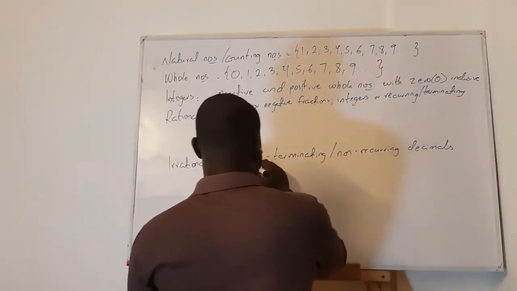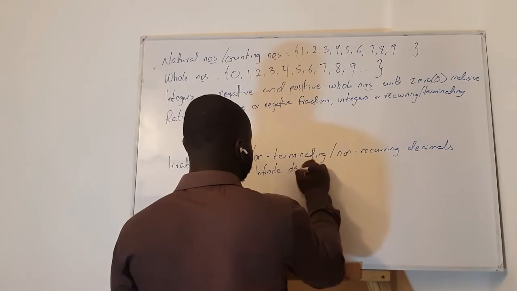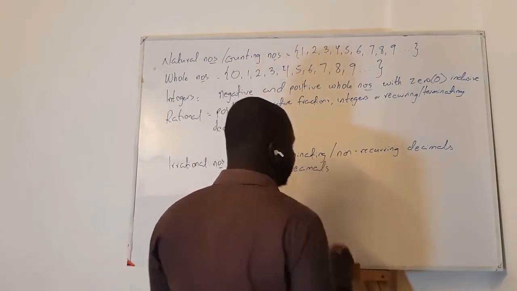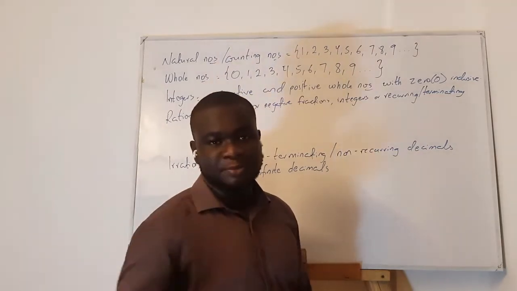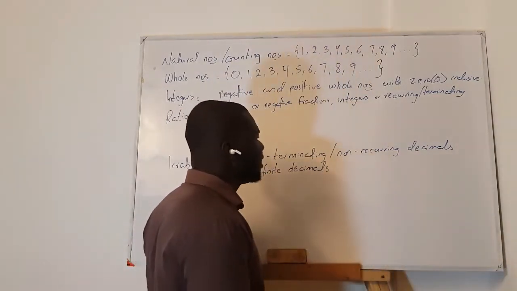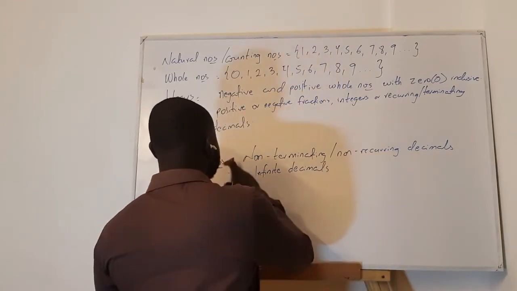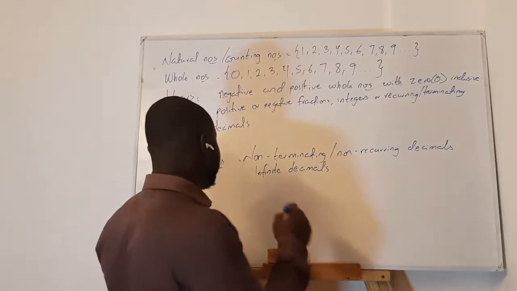Or you can say that they produce infinite decimals. That is, the figures after the point keep on going and going and they don't repeat themselves, like rational numbers.